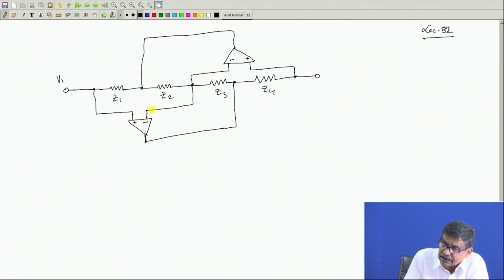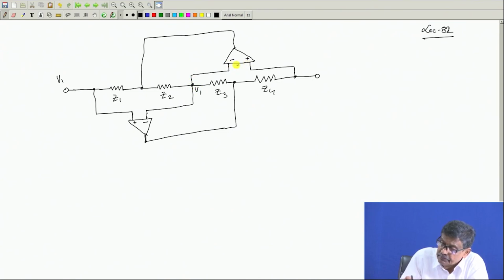Therefore, the other one has to be V1, so that the voltage difference between them is 0. Got the point? So, if it is V1, I can immediately say this point cannot but be V1. That is all.